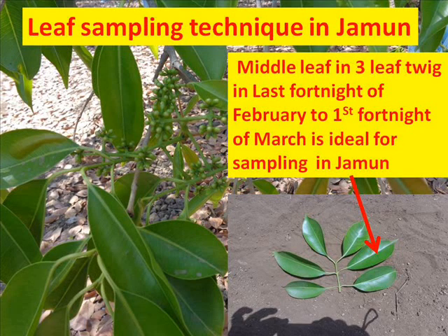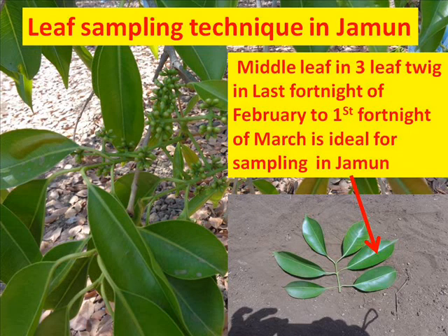We observed different types of leaves and twigs. Some branches have 2 recently matured leaves, some 3, sometimes 4, and sometimes even 5. Observing all of these, the 3-leaf twig is the most dominant, while the 4-leaf and 5-leaf stages are very few.